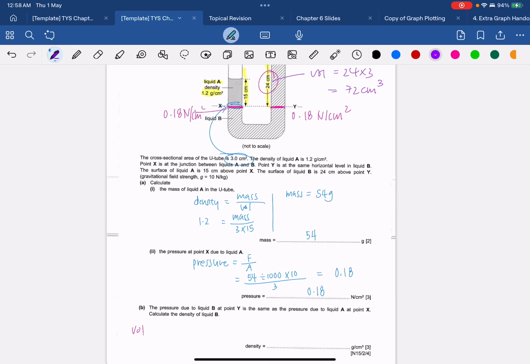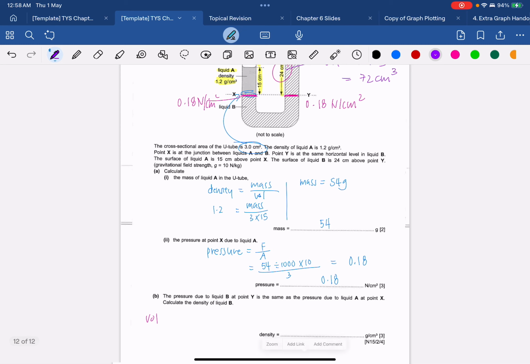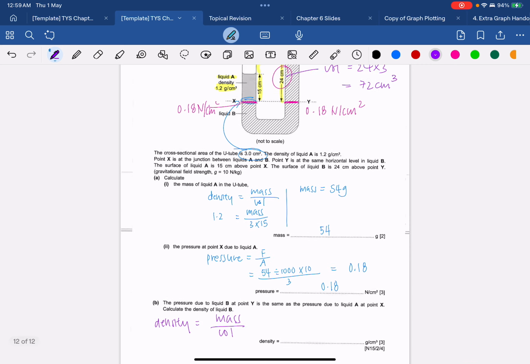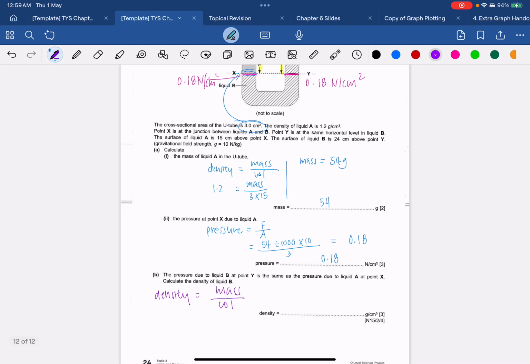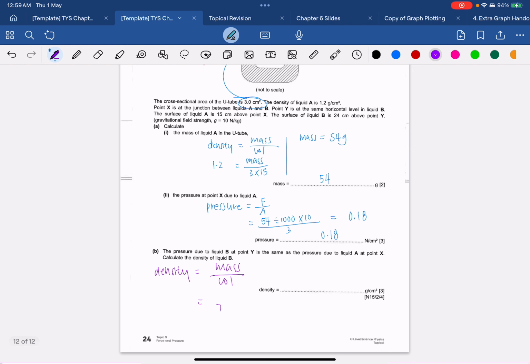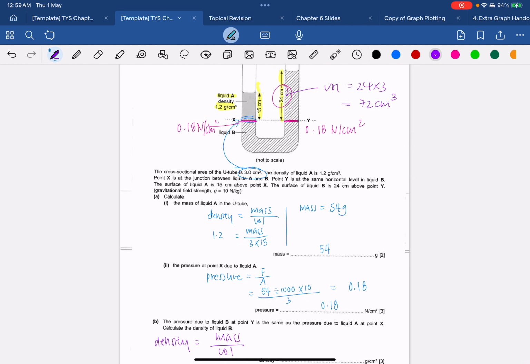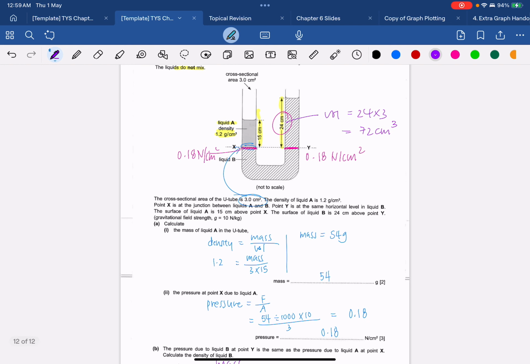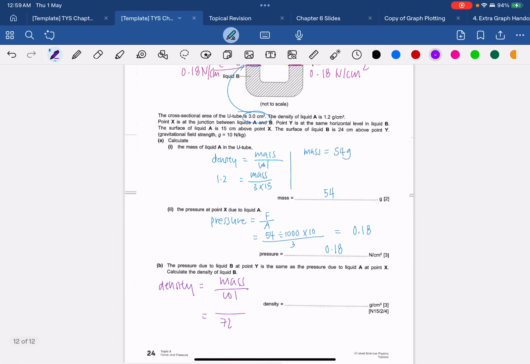Okay, so density equals mass over volume. Volume I have 72. What's my density?